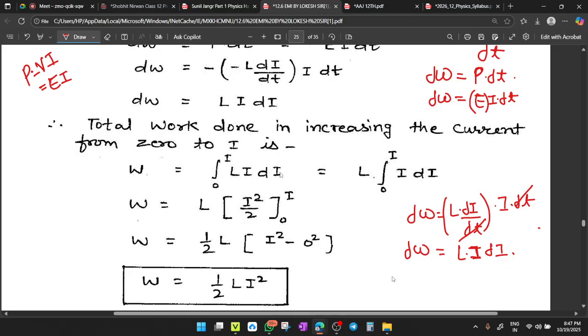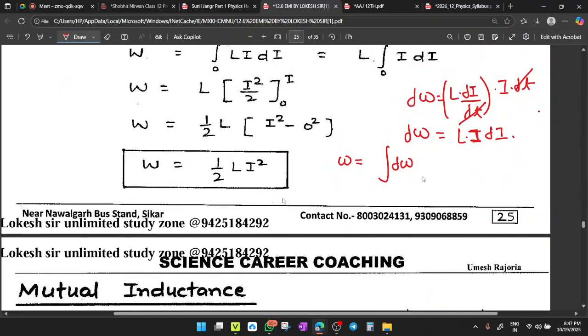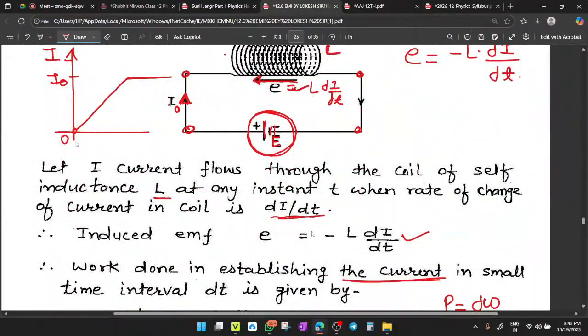Now we are interested in finding the total work. So the total work is given by the integration of dW, because the work is continuous, not discrete like working first for one hour, then taking a break. The current is established in a continuous manner. You see this graph: point to point rising of current, with no break.